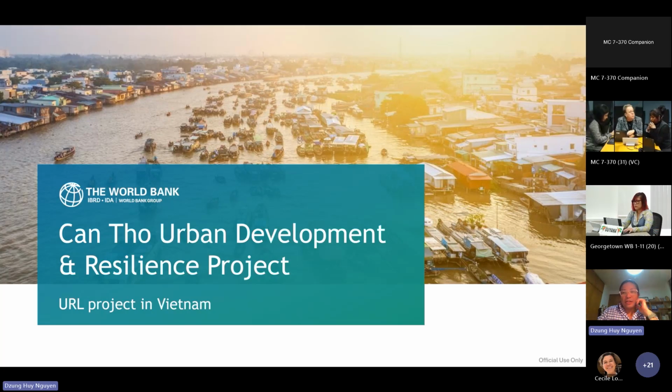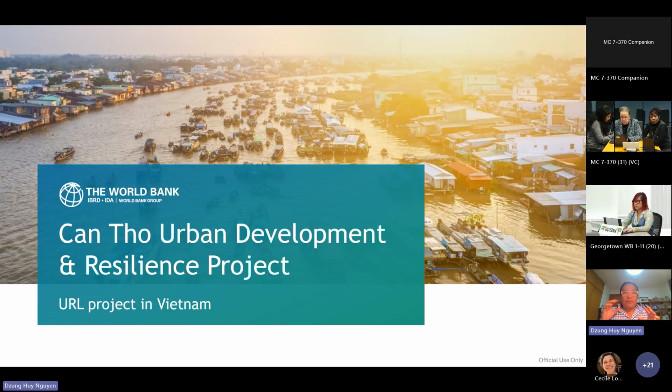You see the title of the project on the slide, but this is the first ever generation of project like that in Vietnam, given the bank has been present in Vietnam for more than 30 years. However, this type of project, like the project in Cần Thơ, is the first ever of its generation that the bank has had in Vietnam.